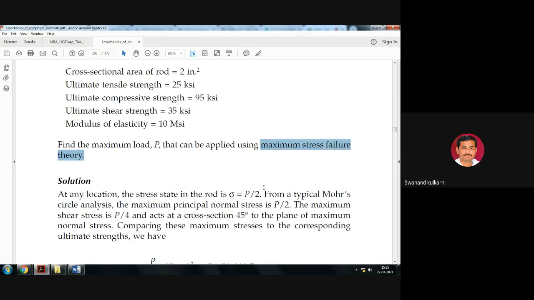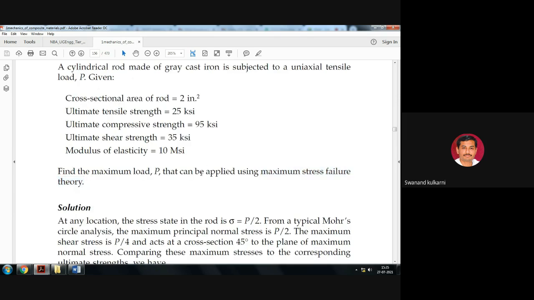If we try to solve that problem here, taking the reference of Mohr circle analysis, then with the help of maximum principal normal stress theory, we can say that the normal stress is half of whatever the maximum load P is applied here.